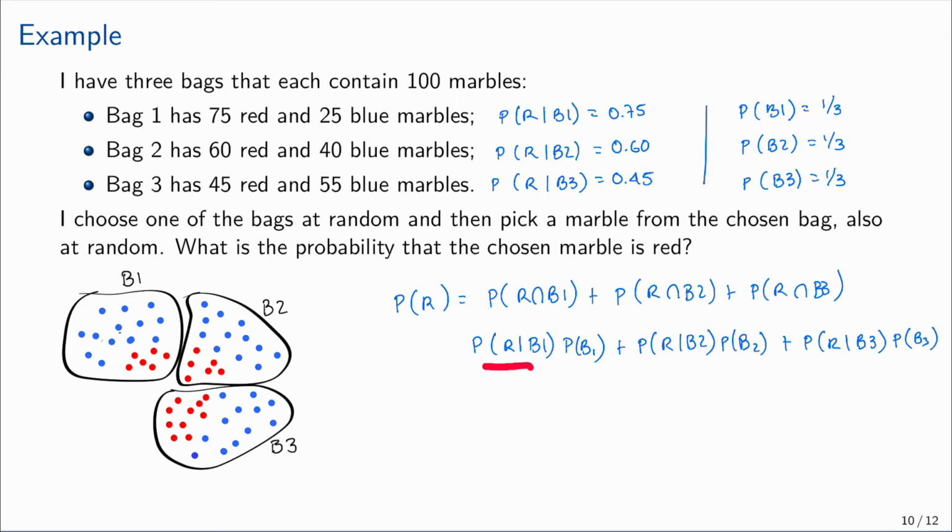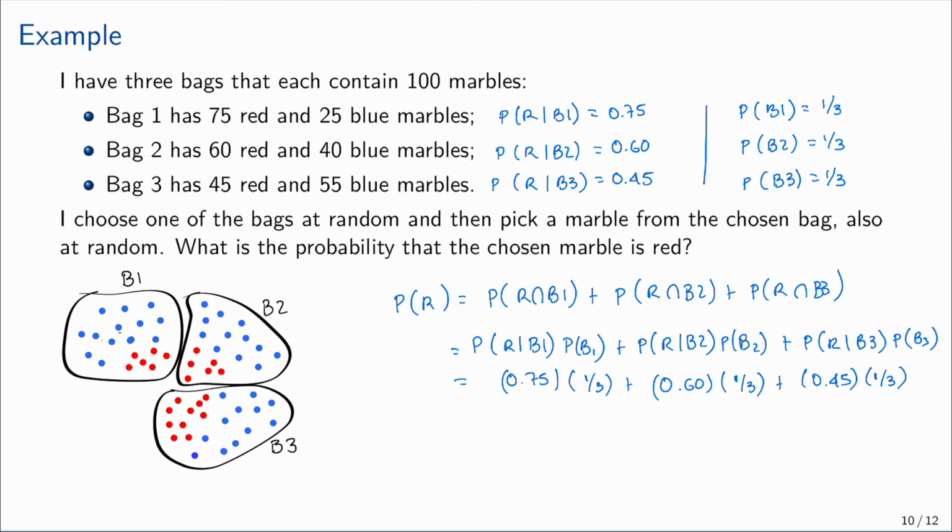Now we have all this information. The probability of selecting red given that we are in bag 1 is 0.75 multiplied by the probability of selecting bag 1, which is 1/3, plus in the second case the probability of selecting red given that we are in bag 2 is 0.60 multiplied by the probability of selecting bag 2, which is 1/3, plus the probability of selecting a red given that we are in bag 3, that's 0.45, multiplied by the probability of bag 3, which is 1/3.